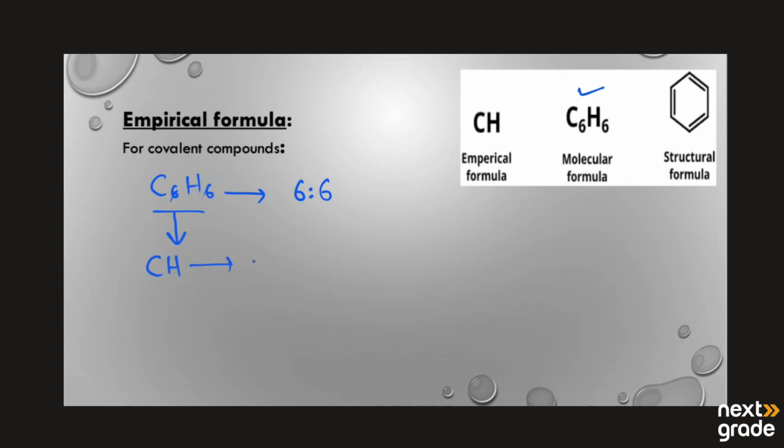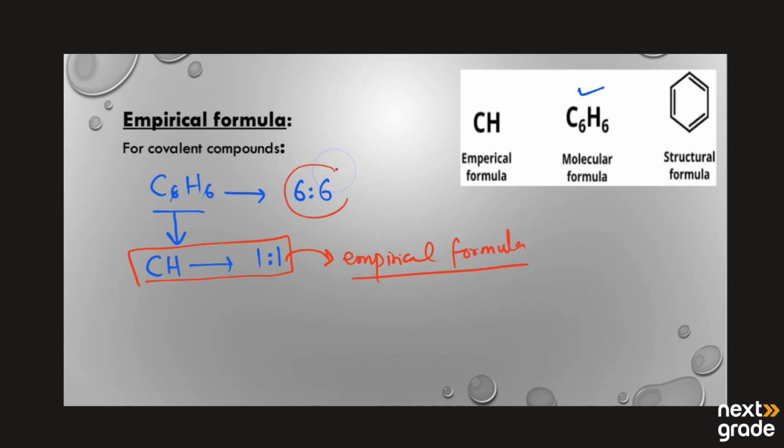So this formula has the simplest whole number ratio of carbon to hydrogen atoms, and this is its empirical formula. The formula with the ratio 6 to 6 is called the molecular formula.